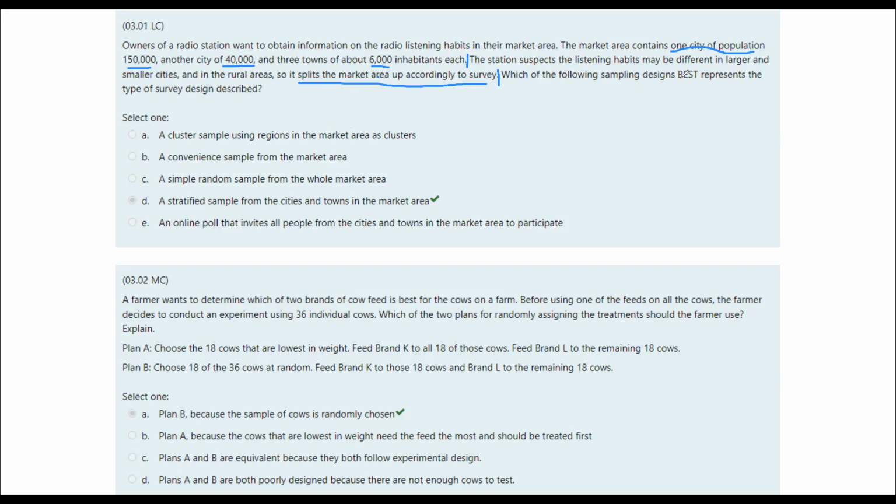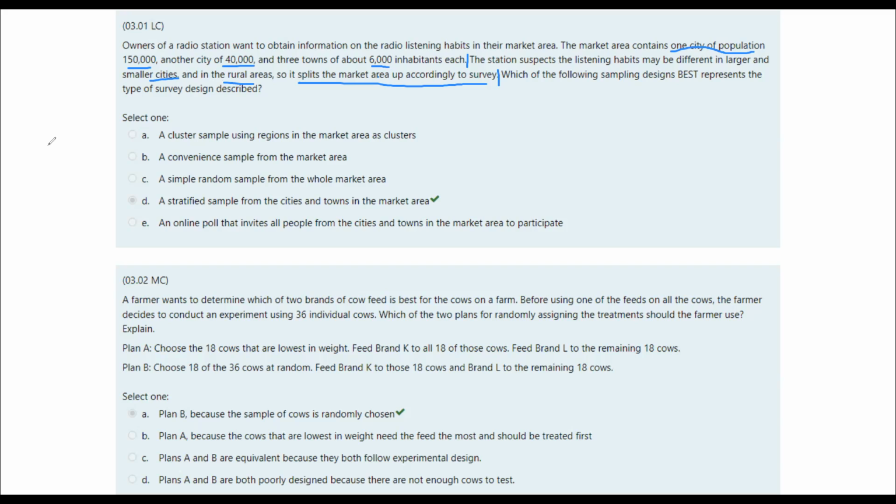And how do they conduct a survey? So it looks like depending on if it's a city or a rural area.